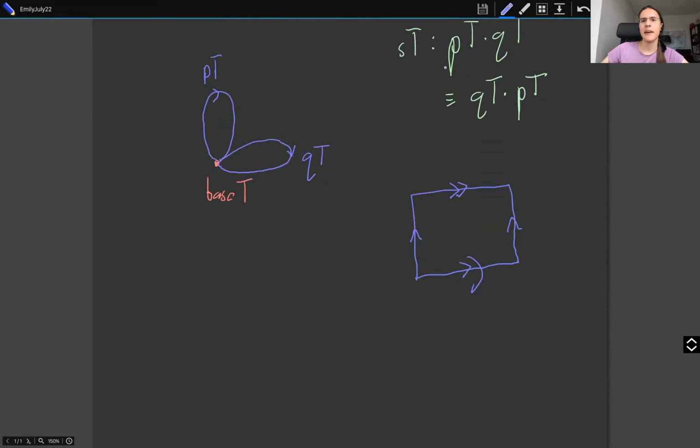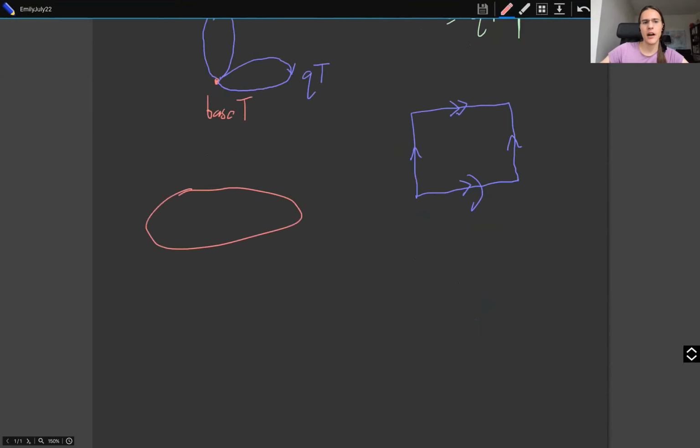And then the idea is that if I draw a torus in another way, this is how we usually draw it in math. You can imagine that there's a base point here. Then there's one circle going around the interior. And then there's another circle going around here.